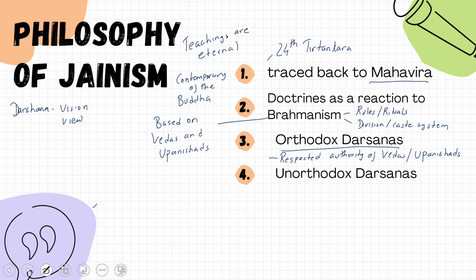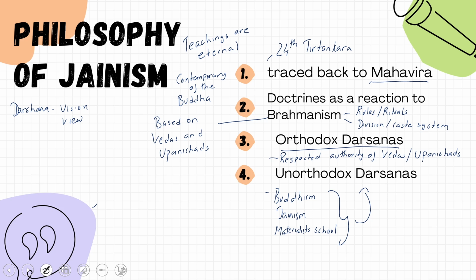Okay, and therefore we see that Buddhism, Jainism, along with schools of materialists like Charvaka, all these three come under the unorthodox darshanas.